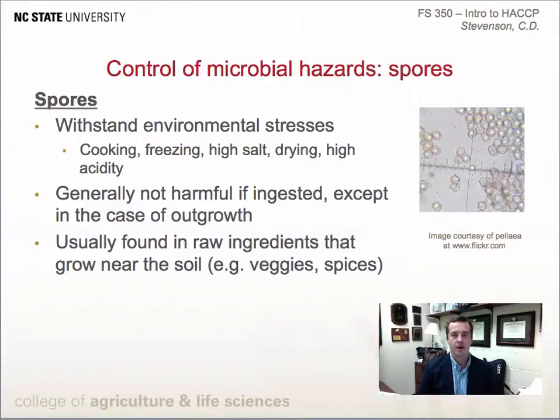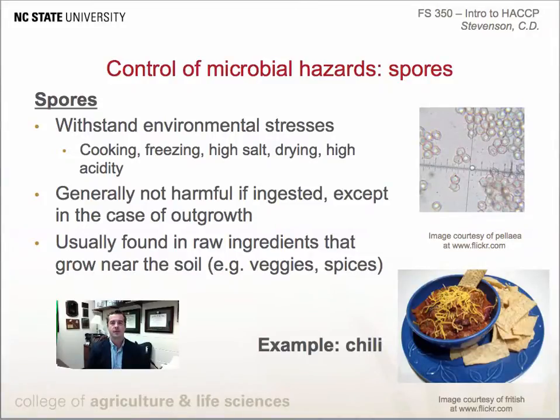Spore-forming bacteria are generally found in ingredients that are grown near the soil, like vegetables and spices. When environmental conditions improve, such as the addition of dried spices to a soup, spores can become vegetative cells. For an example of talking about spores in foods, I want to talk about one of my favorite meals, chili.